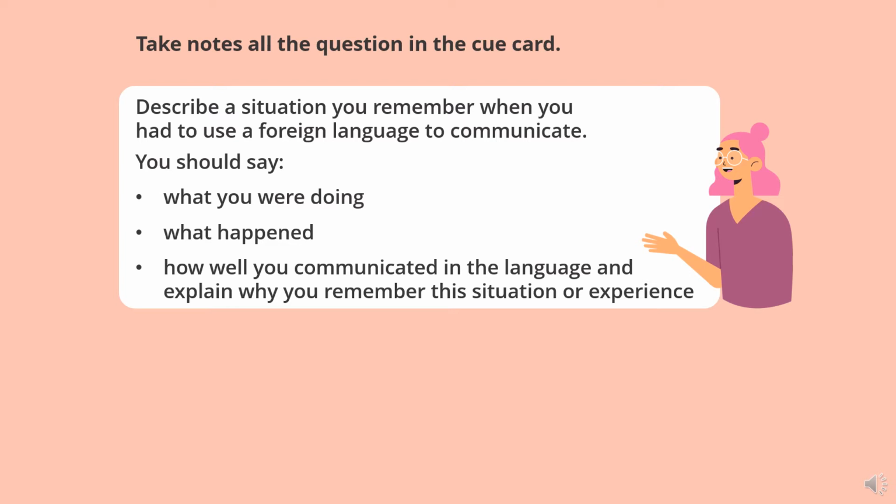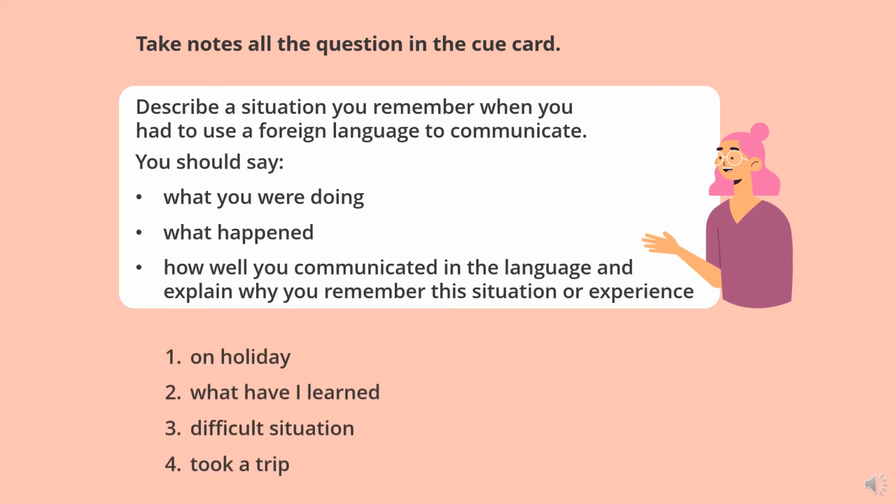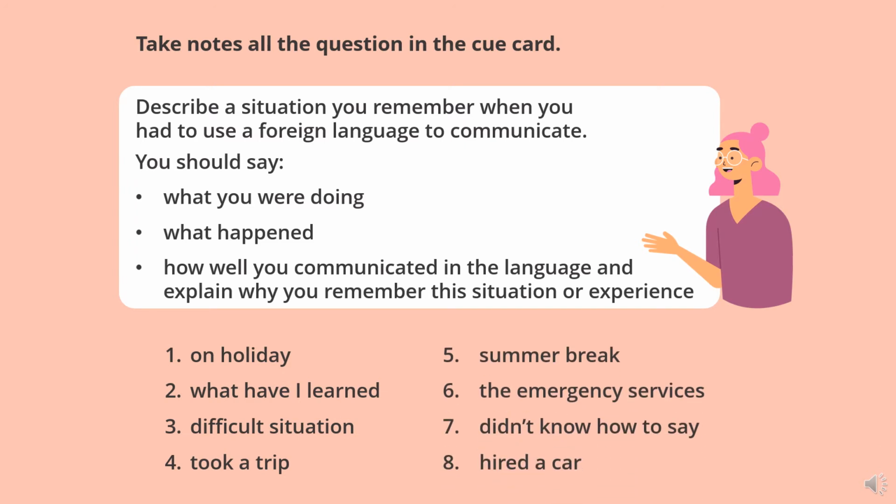How well did you communicate in the language? And why do you remember this situation or experience? Right. So when you're doing this, remember that we will take notes under the four bullets. We will not take notes or write out just anything that comes out of our mind.